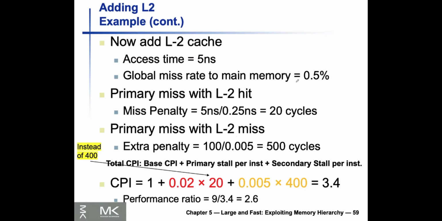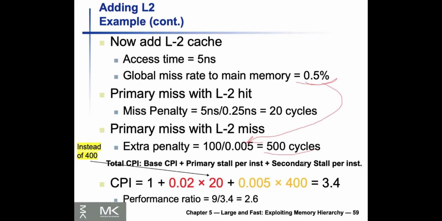And we can easily compute the penalty for those cases that both of them miss. It's going to be 100 nanoseconds divided by 0.25, which is 400, and multiplied by 0.5%, technically 0.005, and that's going to be 500 cycles.